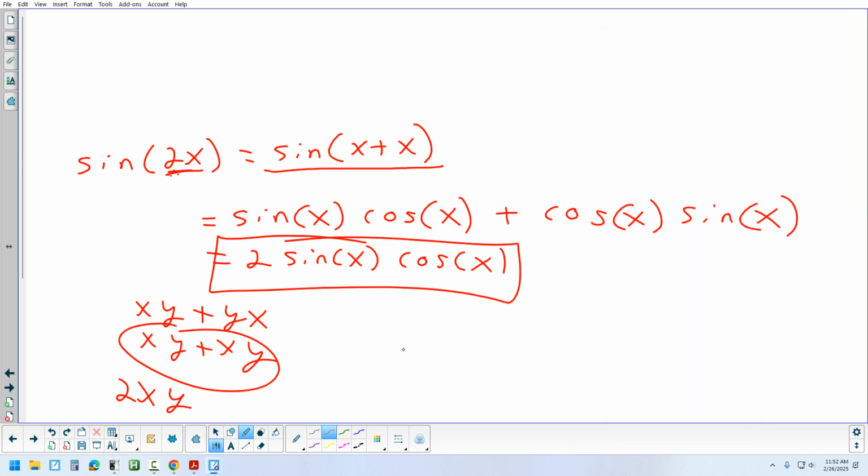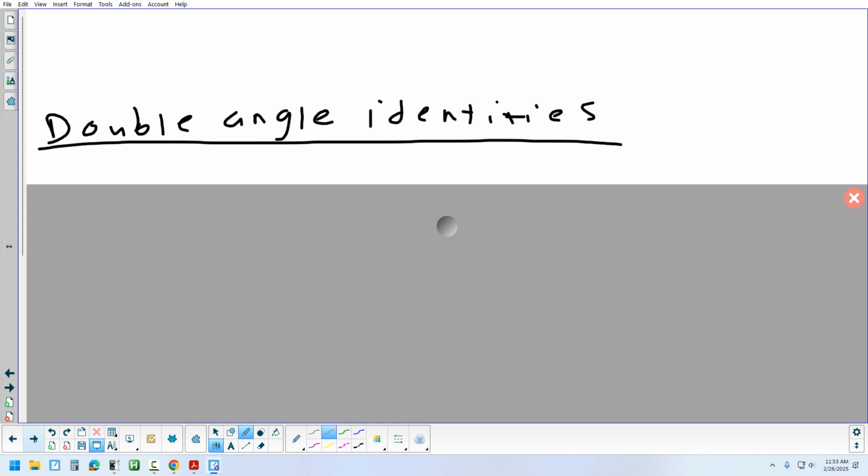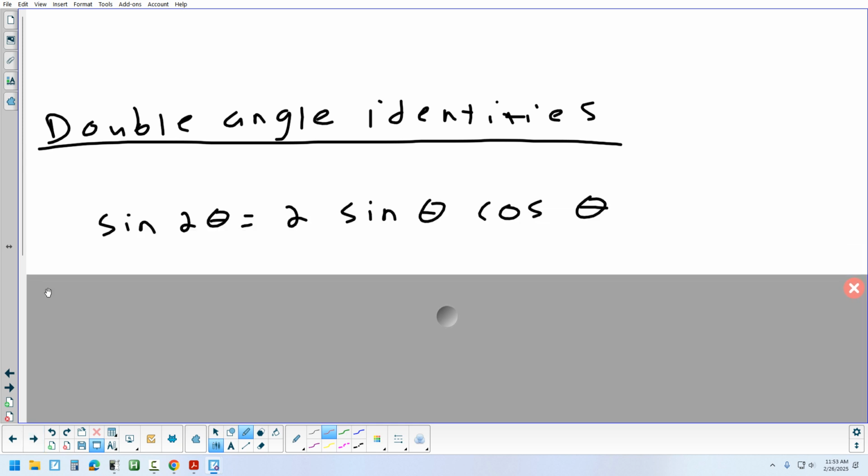And what do we call this thing that's inside here? It's the argument. And specifically with a trig function, the argument represents an angle. Yes. So this represents an angle. 2 represents doubling. That's why this is called a double angle identity. Double angle identities show you how to get rid of a 2 when it is in front of the argument.